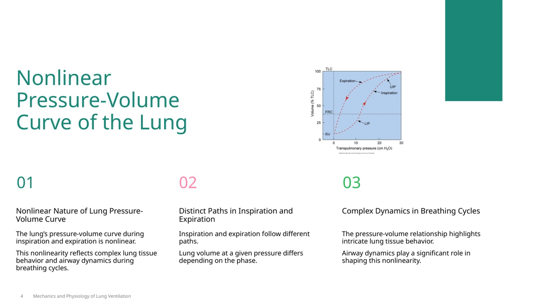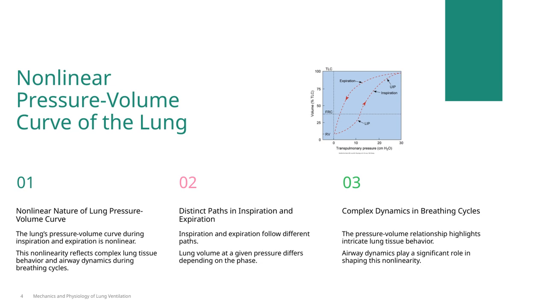This nonlinearity reflects the intricate behavior of lung tissues and airway dynamics, meaning the lungs don't expand and recoil in a perfectly linear fashion. This complex curve actually tells us a lot about how the lung tissue responds during each breathing cycle. It shows that the tissue and airway mechanics are quite sophisticated, influencing how easily the lungs can expand or contract at different pressures.